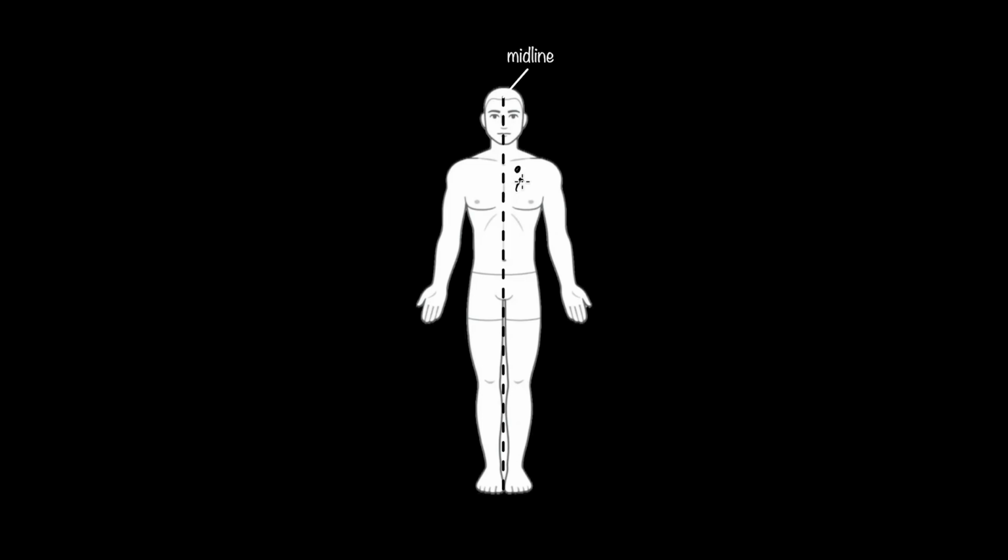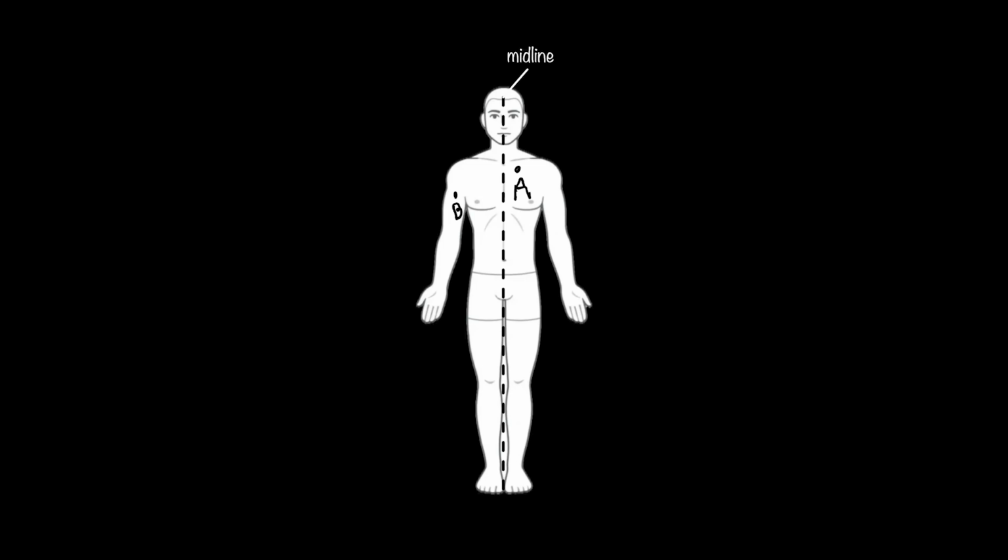So I'm going to draw a point. I'm going to draw a mole, call that mole A, okay. And I'm going to draw another mole, I'm going to call that mole B. And if I tell you what's mole A compared to mole B, what would you say? Well, you would first say that mole A is higher than mole B because it's closer to the cranial than mole B. So mole A is superior to mole B, and you would be correct.